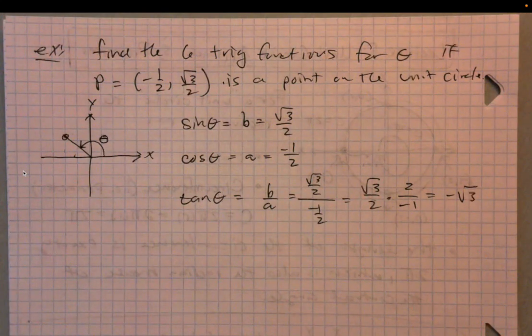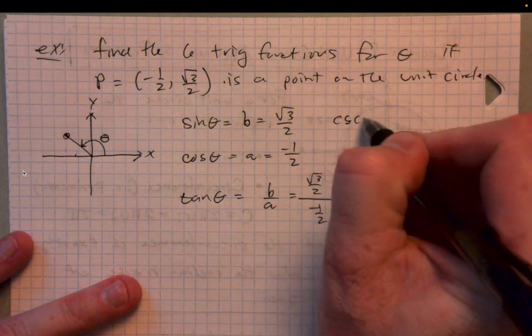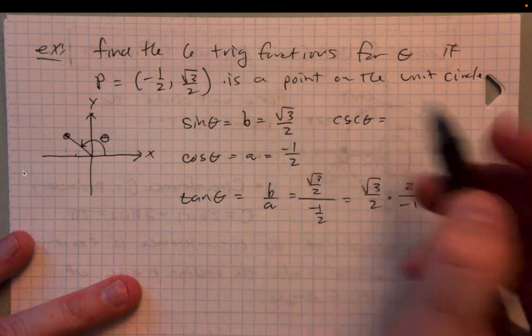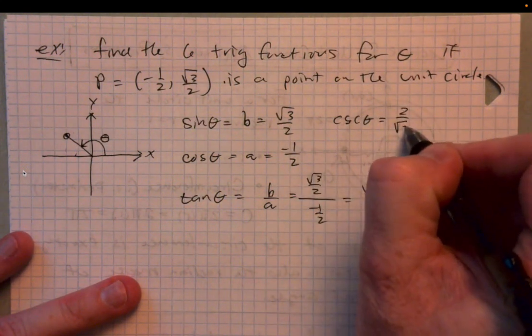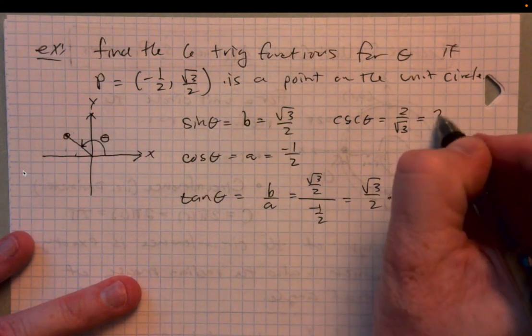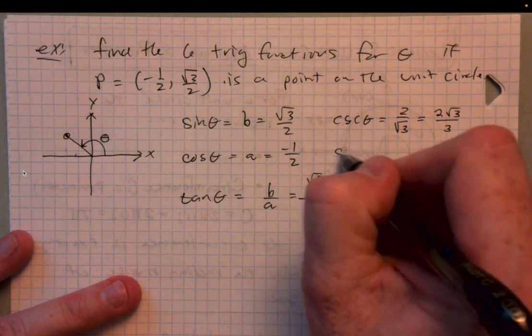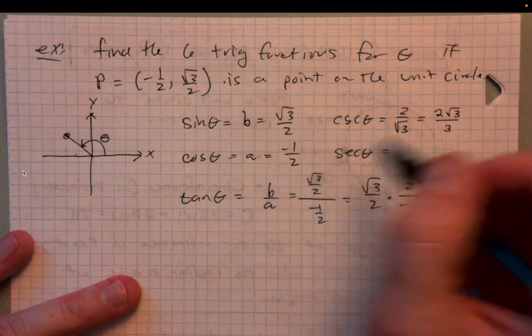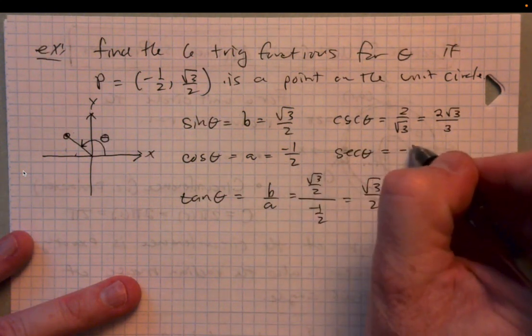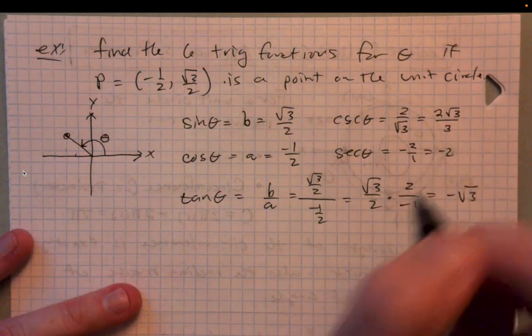So there's those three. And then, of course, the cosecant of theta is just the reciprocal of this. So it would be 2 over the square root of 3. And to rationalize, we better write 2 square root of 3 over 3. And the secant is the reciprocal of cosine, and so that's -2 over 1, or -2.